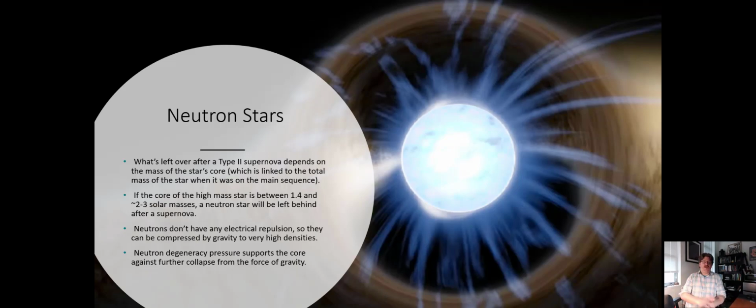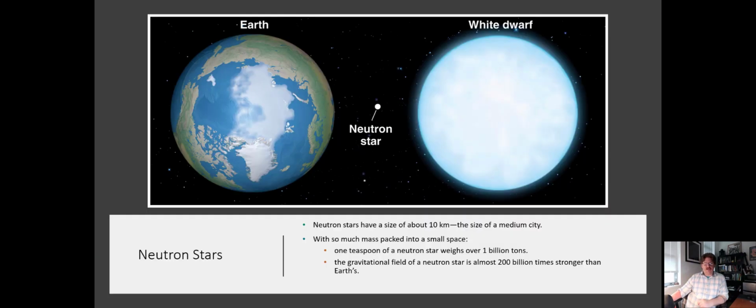And so neutron stars have tremendous magnetic fields. Just stepping back, again, the size of the neutron star is around 3 to 10 kilometers, an order of magnitude between, again about the size of a medium city, like downtown Chicago.